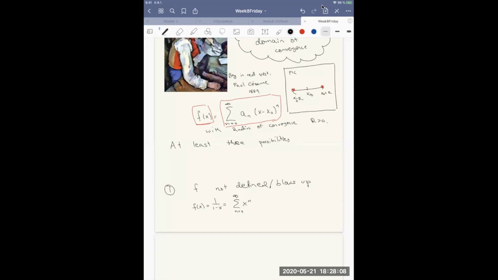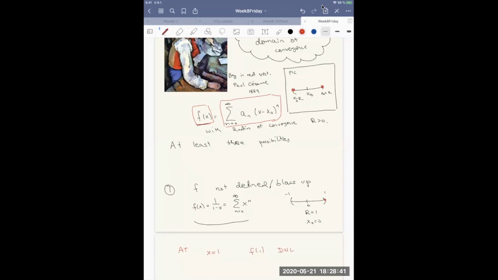You could have that the left-hand side is not defined or blows up. This happens for the familiar example f(x) equals 1 over 1 minus x, which is equal to the sum of x to the n. In this case our radius of convergence is 1, and our x0 is equal to 0. So we're interested in the interval minus 1 to 1. If we plug in the endpoint x equals 1, f of 1 does not exist.